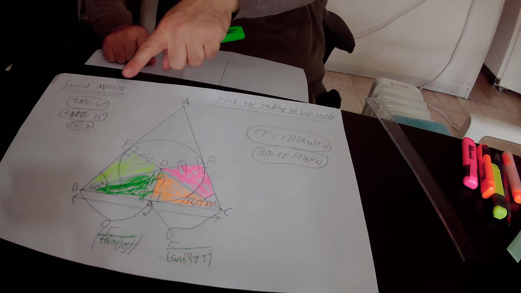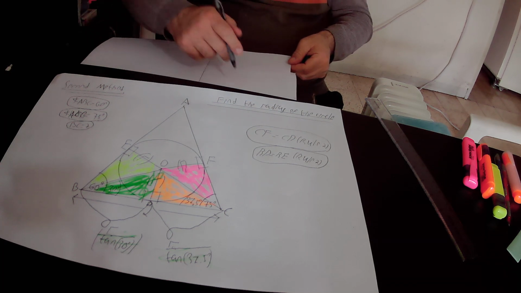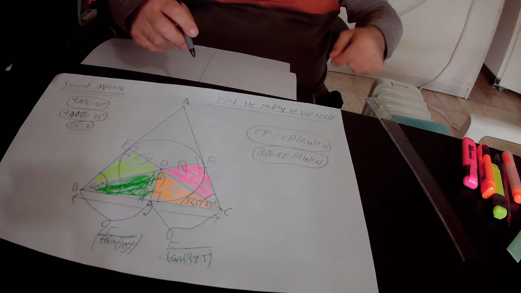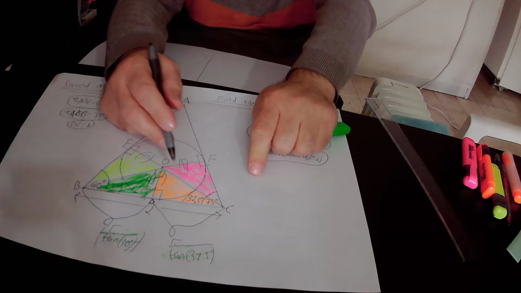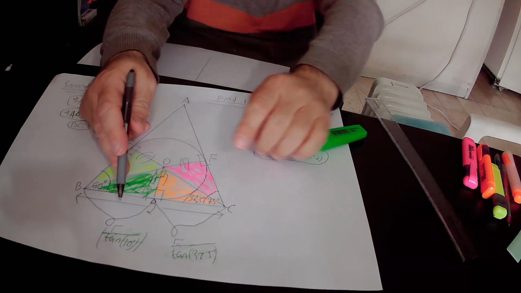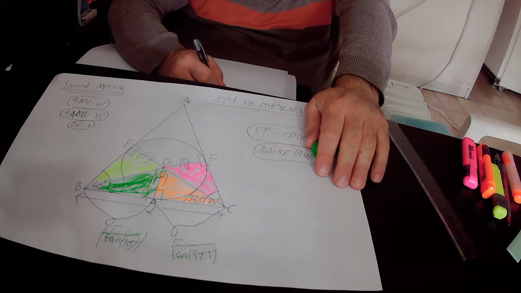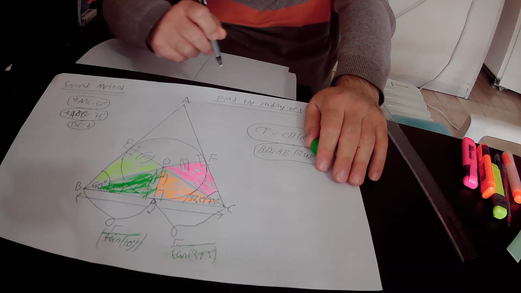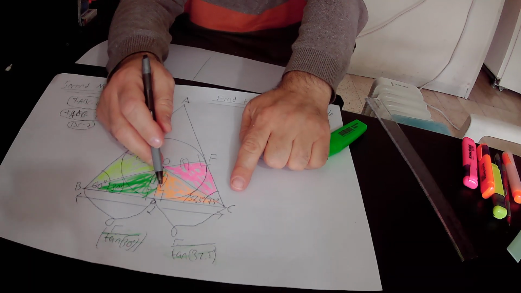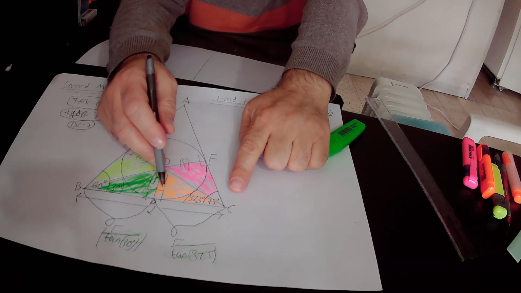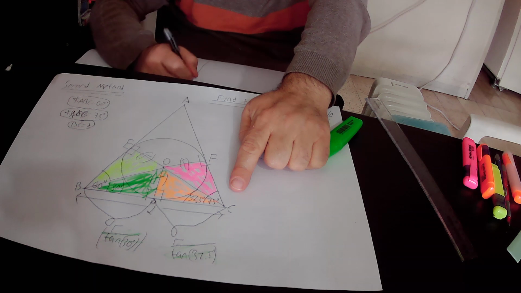BC is 2 units, according to what is given in the question. So we substitute BC by 2, and it equals BD. BD is R over tangent 30 degrees. We substitute BD by R over tangent 30 degrees, plus DC. DC is R over tangent 37.5 degrees, so we substitute DC by R over tangent 37.5 degrees.